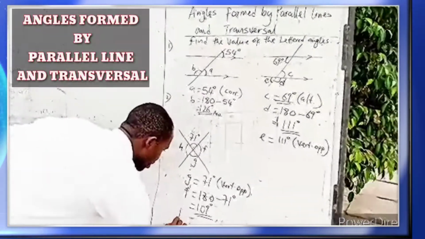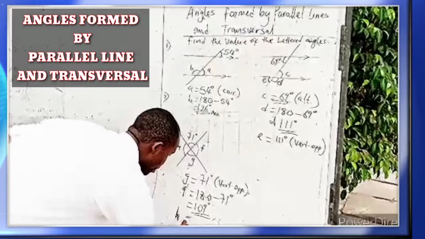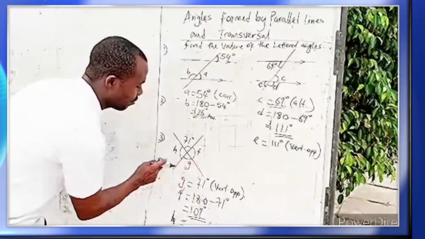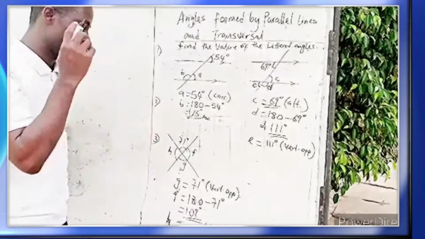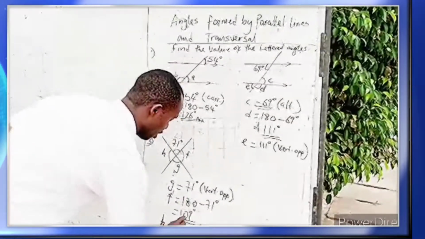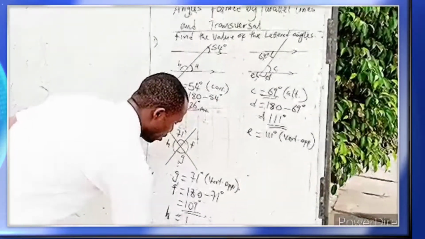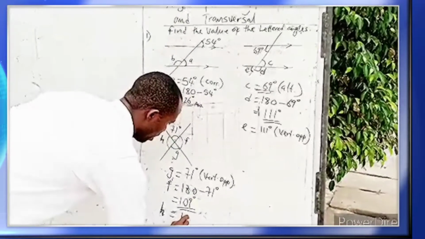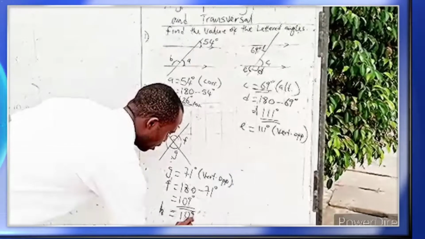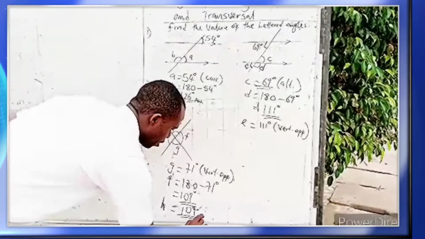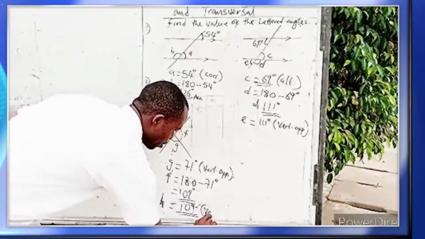To get H, H and F are opposite to each other. They are vertically opposite, and we say vertically opposite angles are equal. So H is equal to 109 degrees. They are vertically opposite.